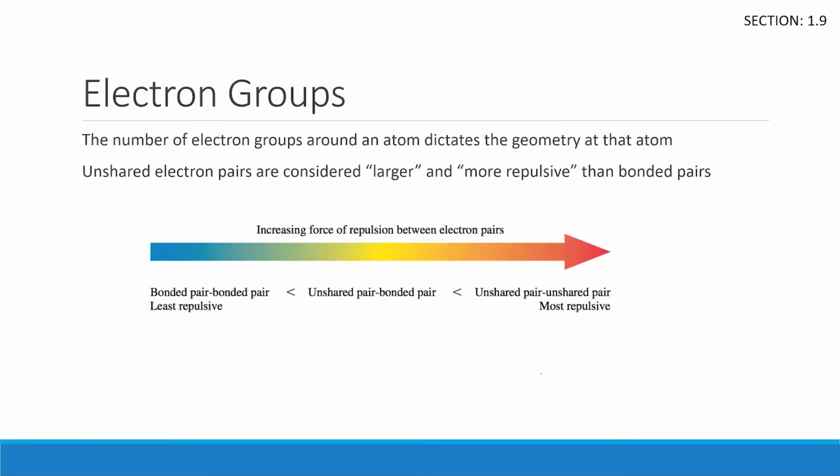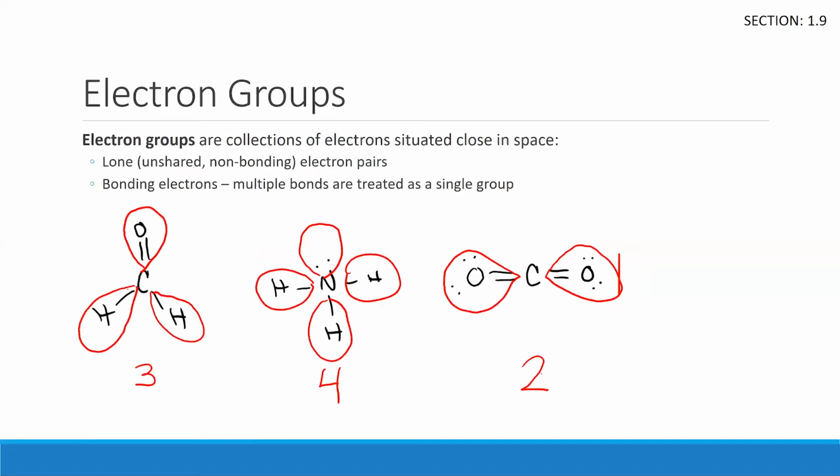Here is another point to remember: when we're looking at the electron groups of an atom, unshared electron pairs are considered larger and more repulsive than bonded pairs. Bonded pairs create a little bit less repulsion than unshared electrons. In our example here, the electron groups in the first one are all the same type, all bonding electrons.